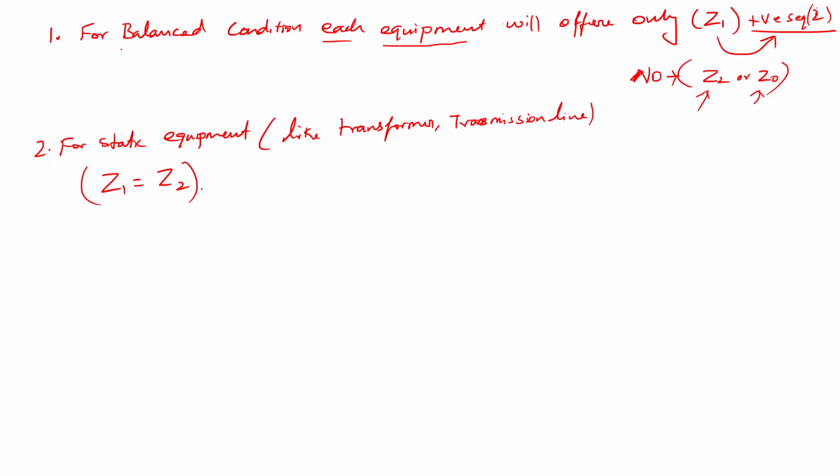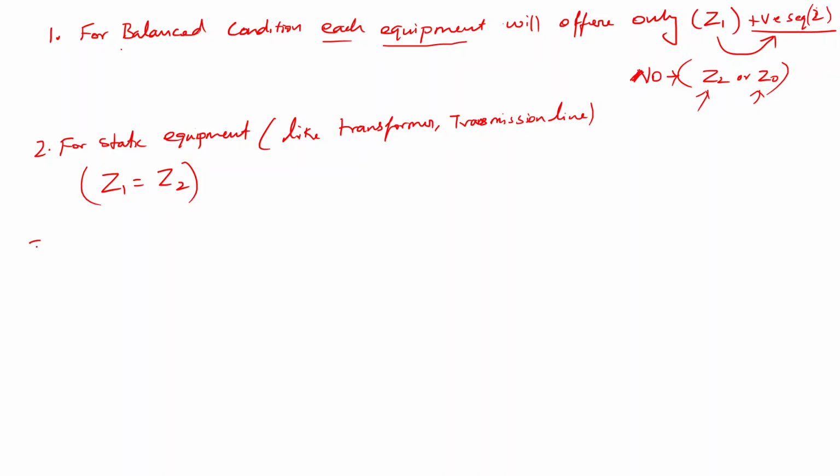What does it mean? This is applicable for both positive and negative sequence. For example, for a transformer, if you find the Z1 value, the positive sequence impedance value, then without calculating it, you write Z2 is also equal to Z1 for unbalanced condition. For balanced condition, obviously we know there is no Z2. For unbalanced condition, if you want to find the Z2 value for static equipment, straight away you can take the value from Z1. That is the second understanding.